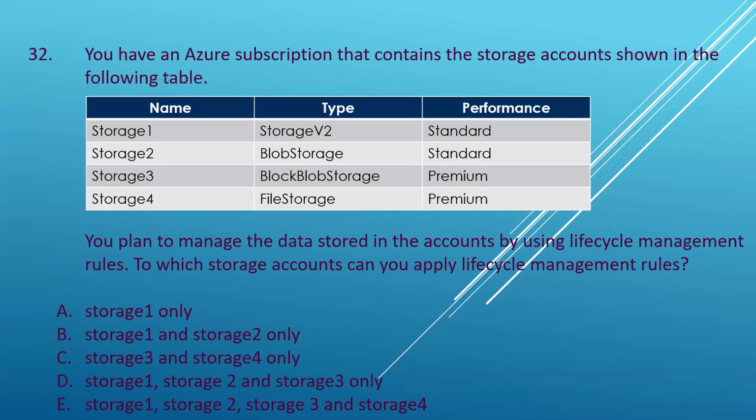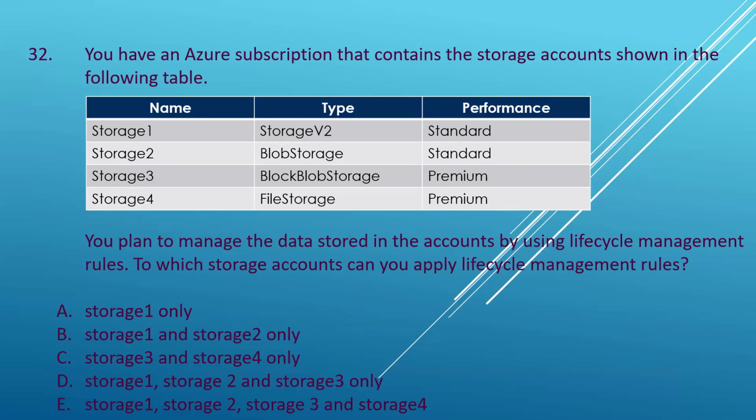You have an Azure subscription that contains the storage accounts shown in the following table. The table has the names of some of the storage accounts, their types, and the performance setup for them. You plan to manage the data stored in the accounts by using lifecycle management rules. To which storage accounts can you apply lifecycle management rules?